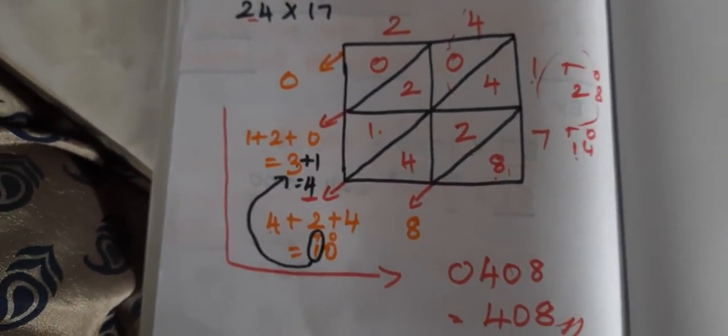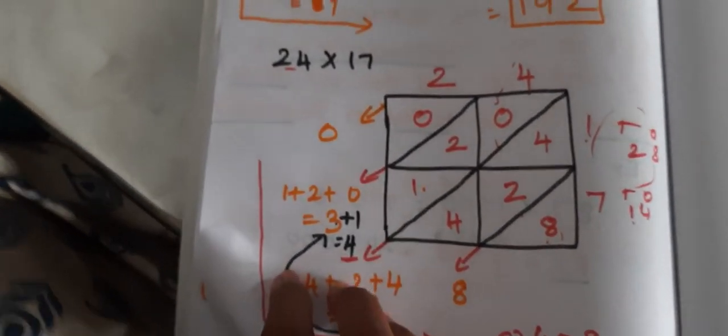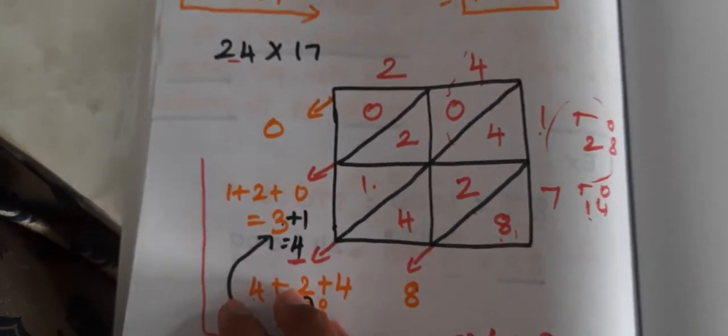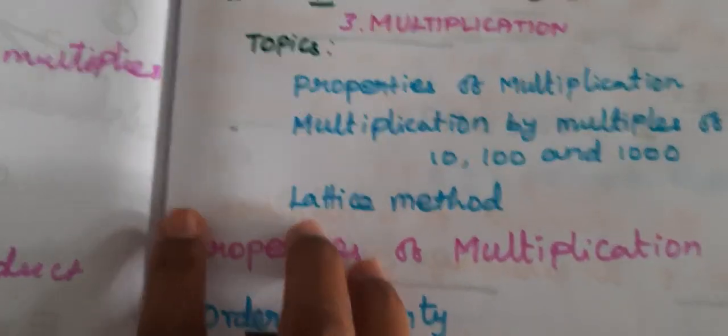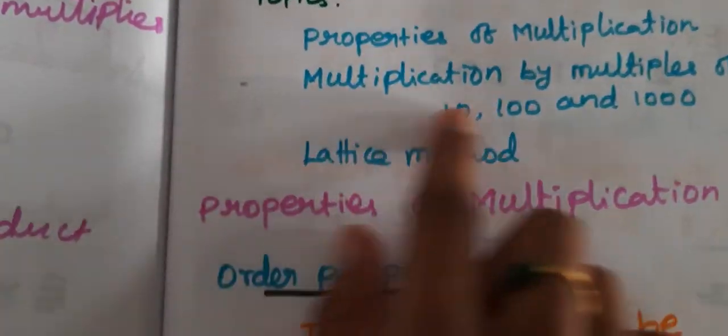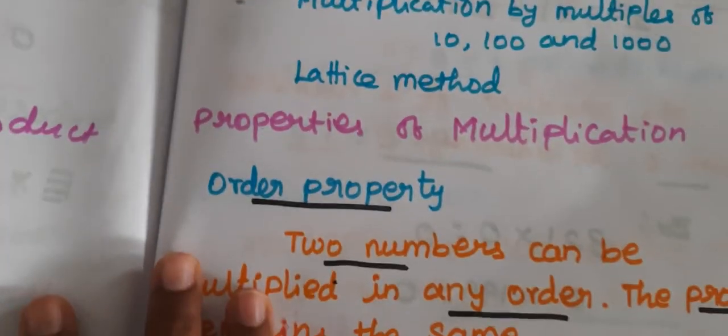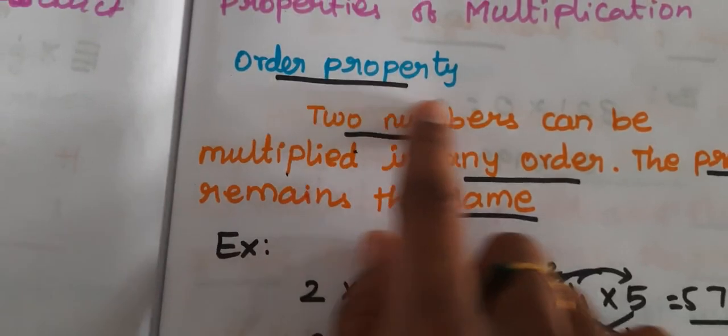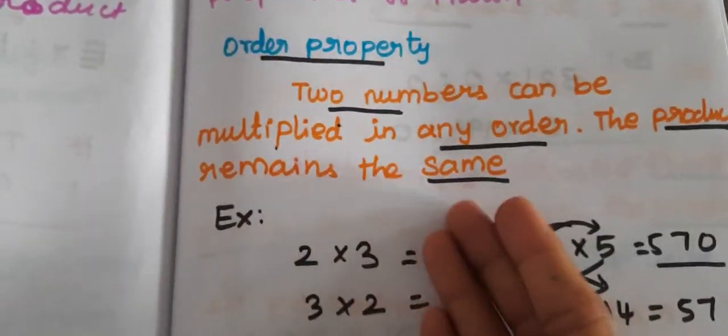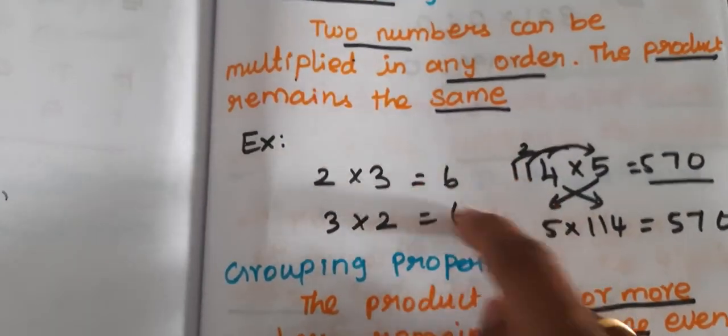Now we come to the end of the session. First, a quick recap. Today we saw the properties of multiplication, multiples of 10, 100, 1000, and the lattice method. This is the order property: if we change the order, we will get the same product.